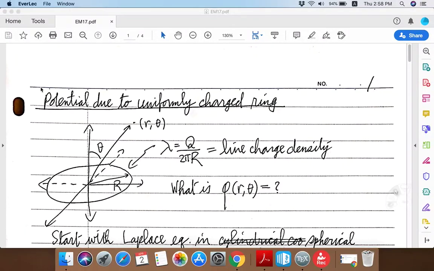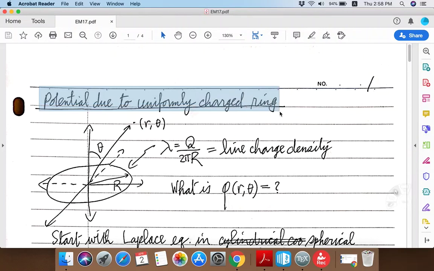Hi, so in this lecture, we're going to try and compute the potential due to a ring. So here's a ring, and this ring has a radius r, and it's lying in the plane, which we call the xy plane, and it's uniformly charged.